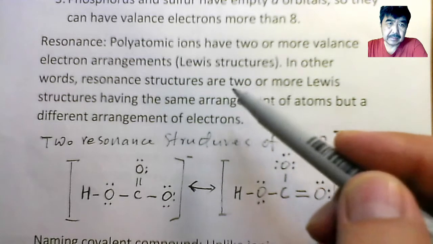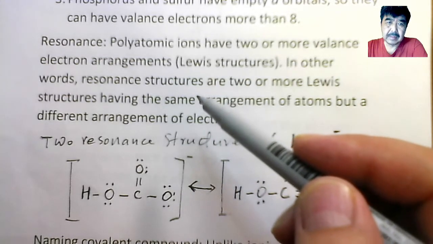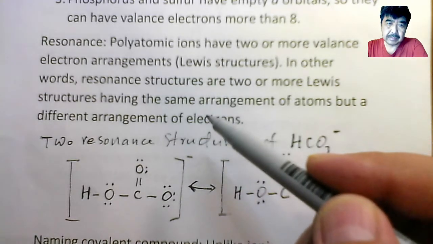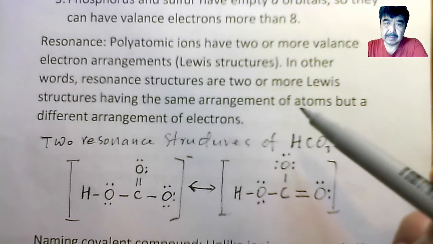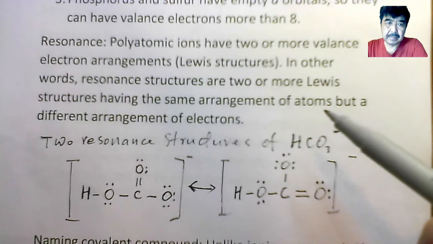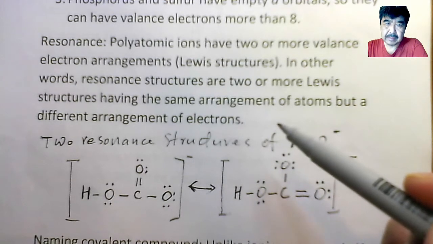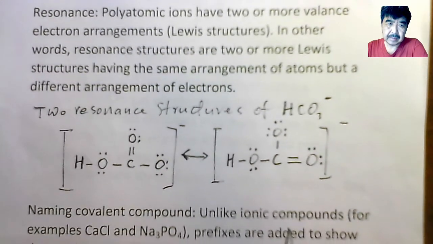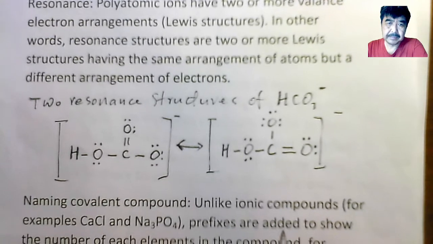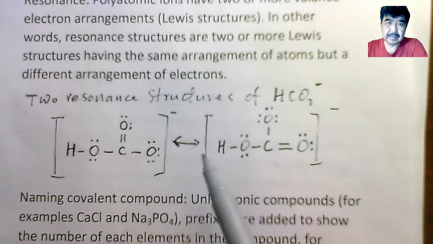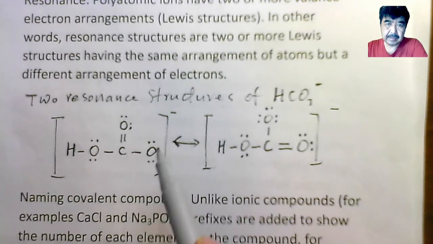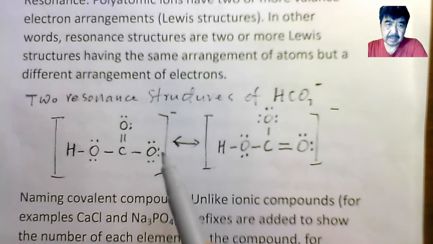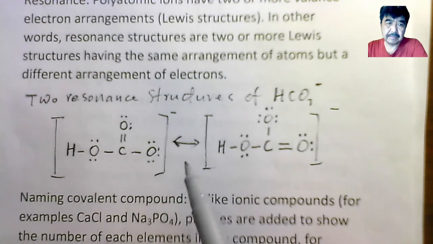In other words, resonance structures are 2 or more Lewis structures having the same arrangement of atoms but different arrangements of electrons. Let's take this example, carbonate. Carbonate has the same arrangement of atoms. We have 2 forms here, but the electron arrangements are different.